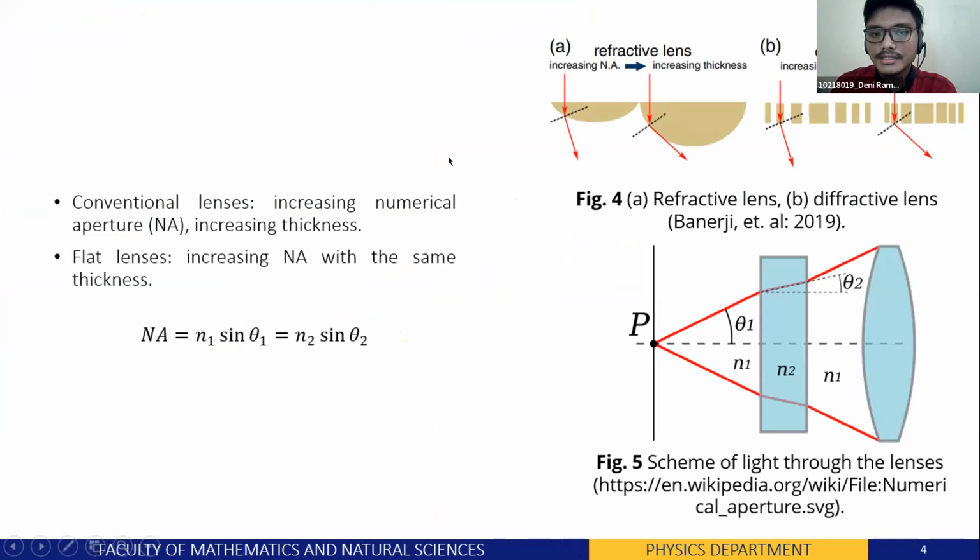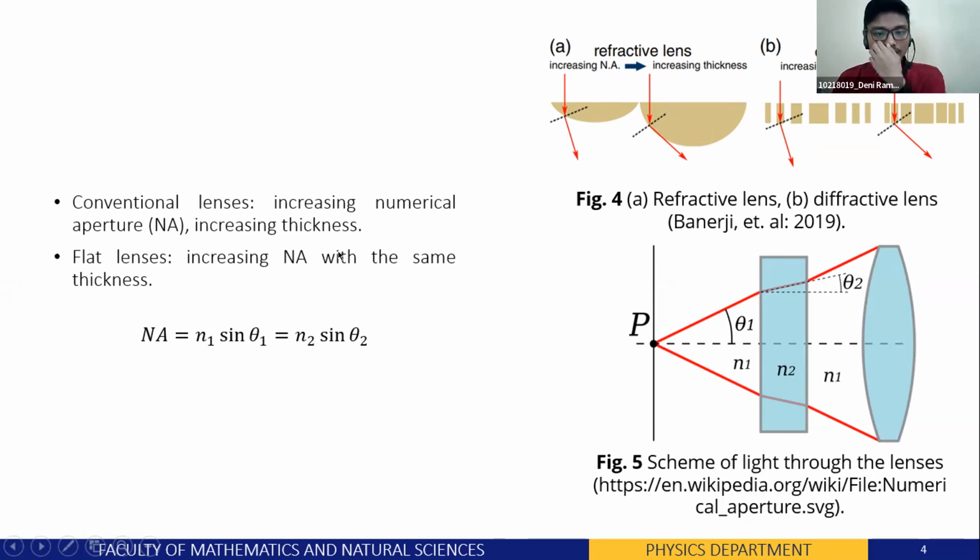In conventional lenses, if we increase the numerical aperture or NA, it also increases the thickness. And we find this a disadvantage if we want to miniaturize the lens. While in flat lenses, we can increase the numerical aperture with the same thickness.